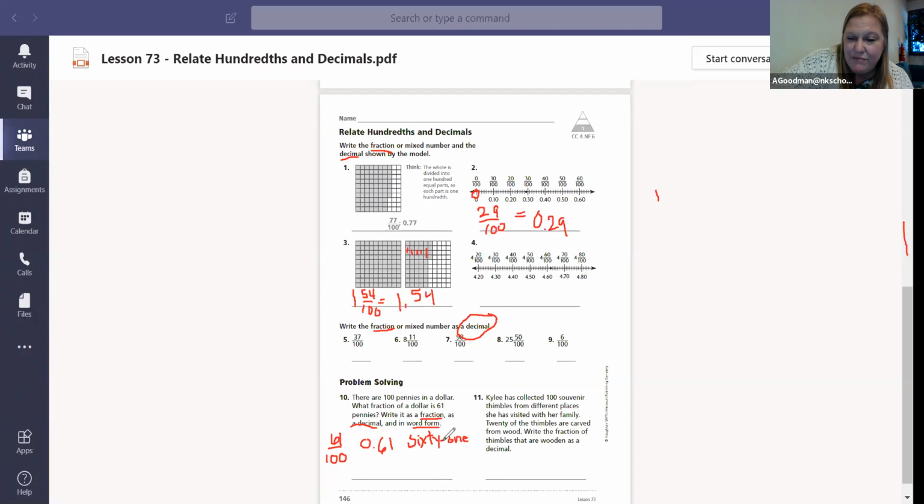We always put a hyphen between the tens and the ones. It's not hundreds, it's hundredths, H-U-N-D-R-E-D-T-H-S. 61 hundredths with that TH. All right, you're good on the next one. Okay. Hopefully that's all good.